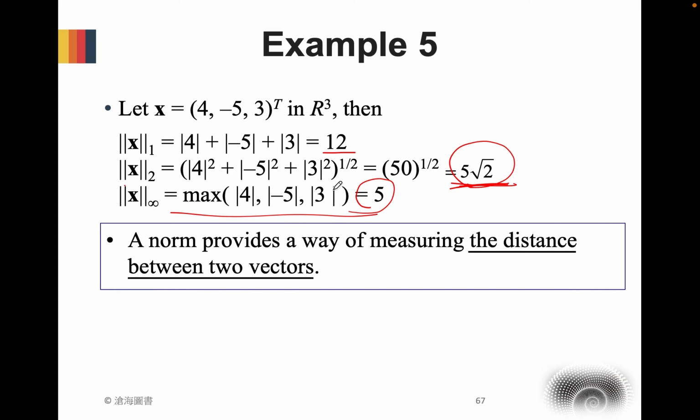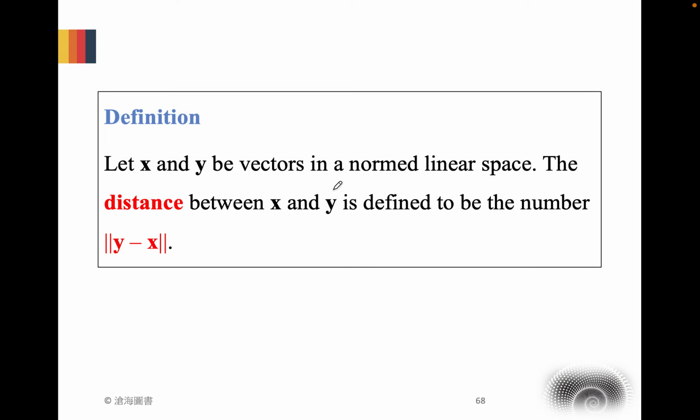A norm provides a way of measuring the distance between two vectors. So why do we care about norm? Because norm defines the distance between two vectors. If x and y are vectors in a normed linear space, the distance between x and y is defined by the norm of y minus x, where the norm, if we don't mention it specially, means the two norm. However, we can also calculate the one norm, two norm, p norm, infinity norm, and so on.